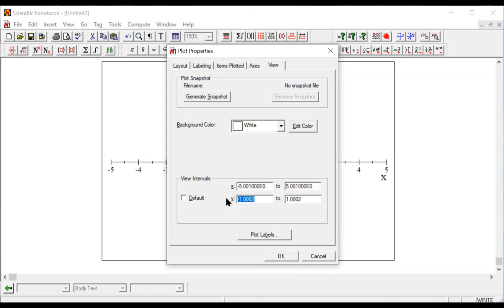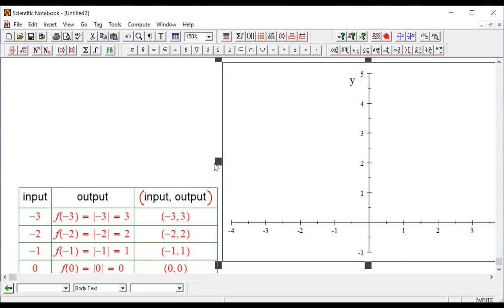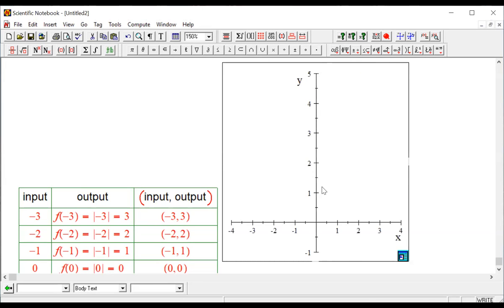And I know that because of the range, I don't need much in the negative direction. I'm going to use, say, -4 to +4. Okay, and here we go.